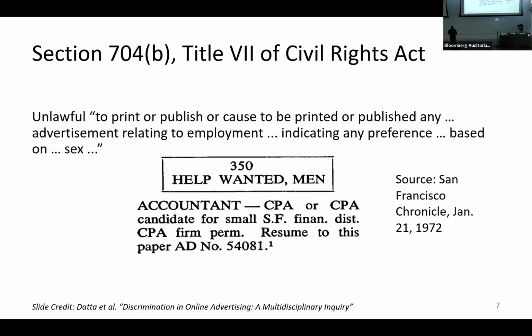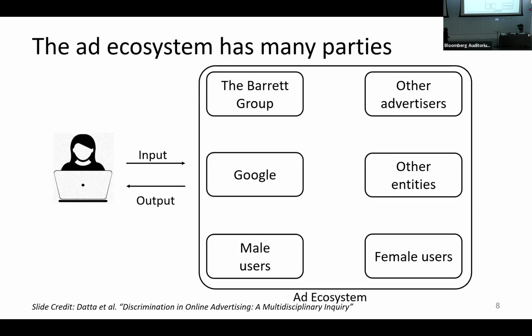so you have just an apparent difference, and let's try to understand how that difference could have come about, right? The way to do that, and I really like this set of slides that Anupam sent me, is trying to understand what are all the different players in the advertising space and how actions by each of them could have caused this difference to happen.